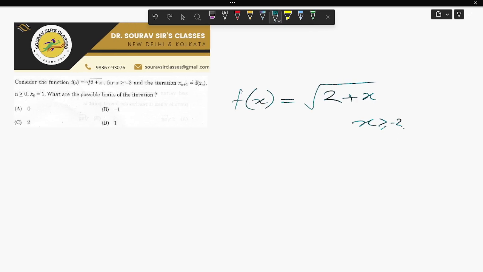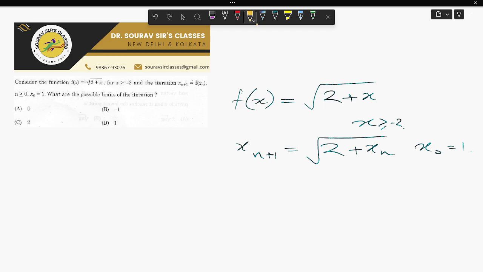Now the iteration formula will be x_{n+1} equals f(x_n), that is, root over of 2 plus x_n, with the initial condition x_0 equals 1, which is given in the question. Okay, so now we are going to find the fixed points.